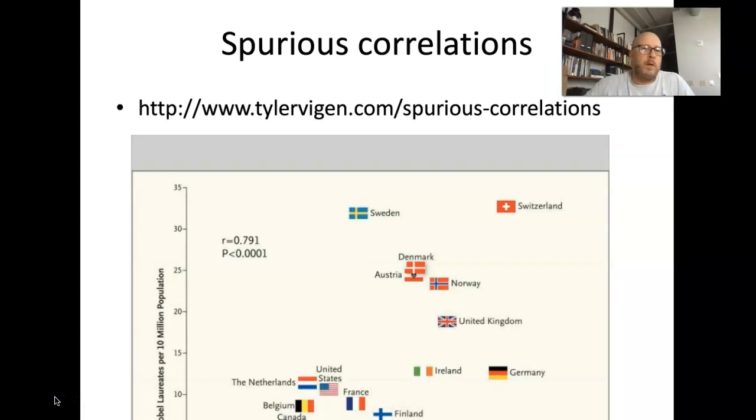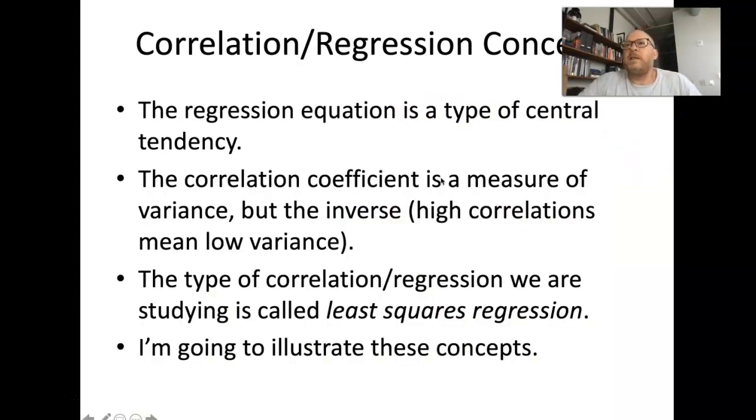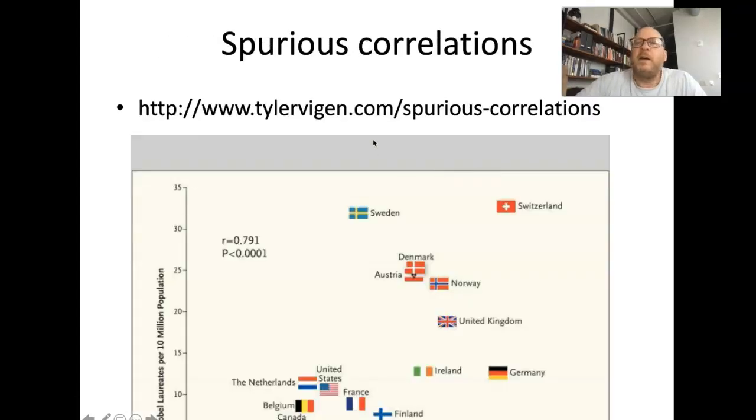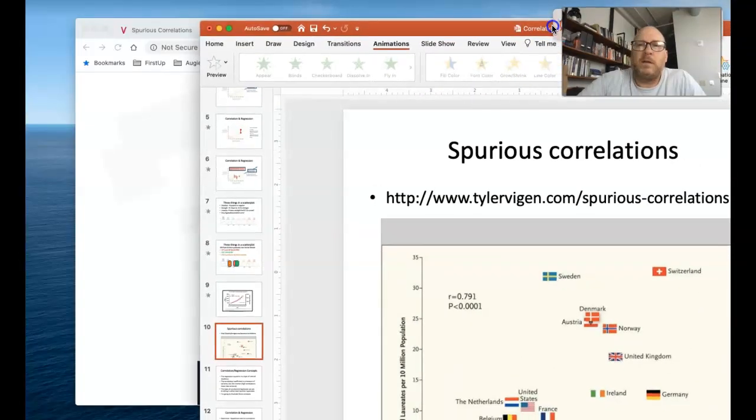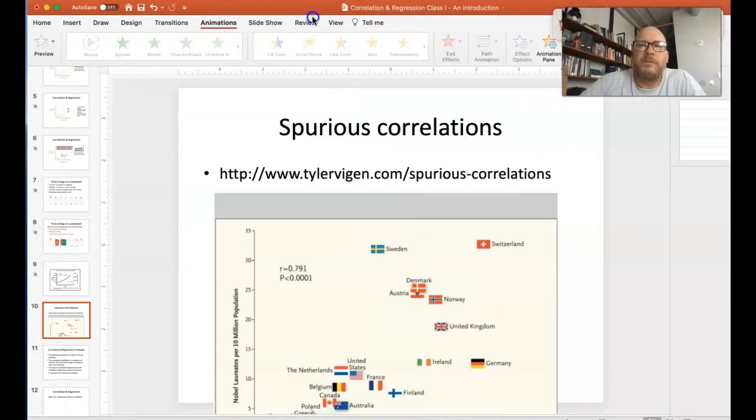In fact, there is a guy, I believe at Harvard, Tyler Vigen, who has some great spurious correlations that show you things that you would not expect to be correlated are correlated. One interesting thing that's correlated, here we go.